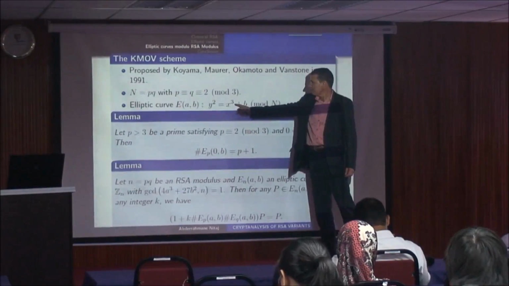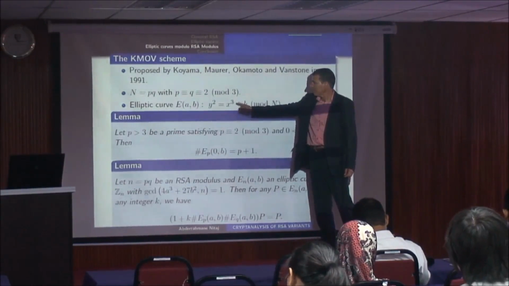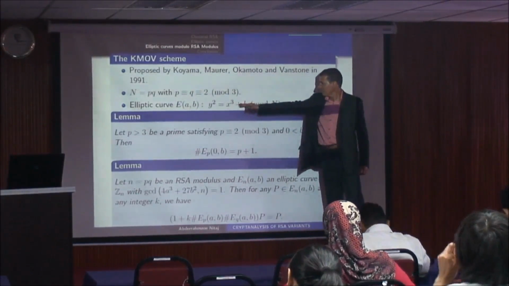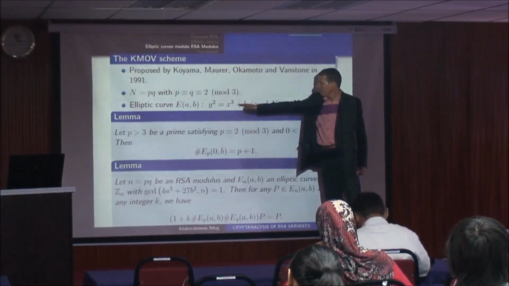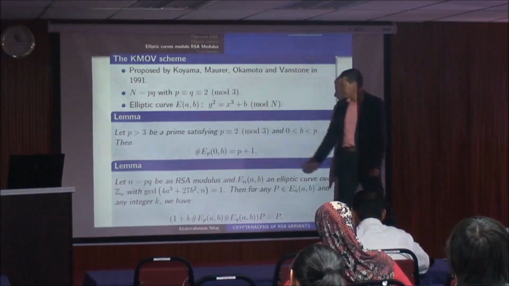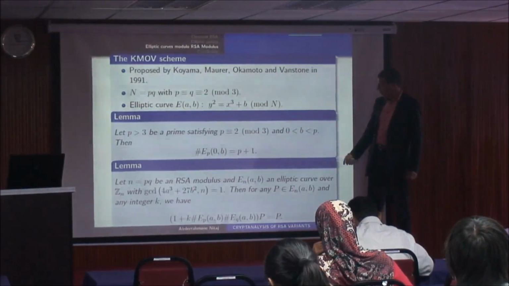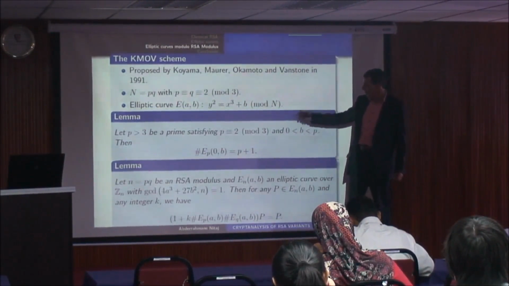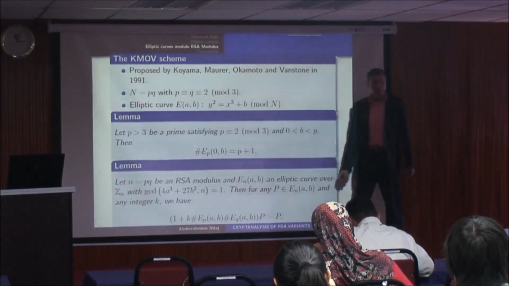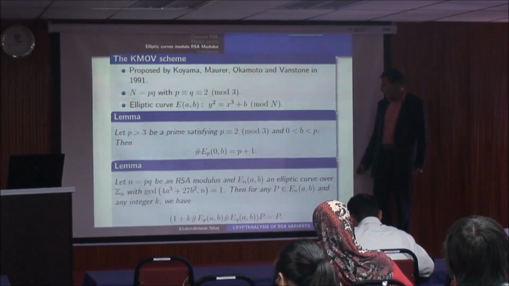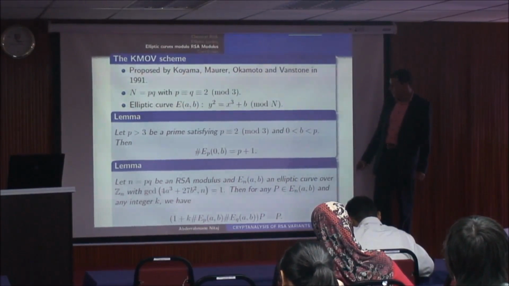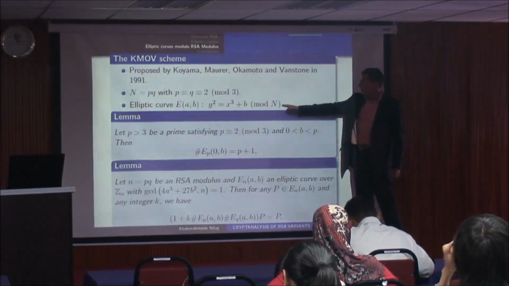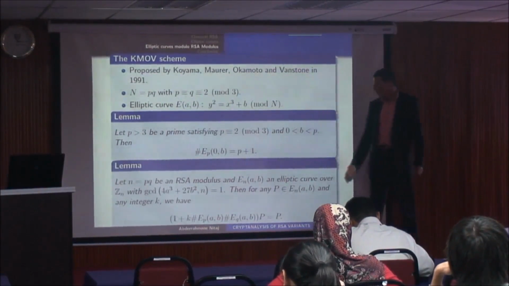Here we need plus A times X. So the correct equation is y^2 equals x^3 plus A times X plus B. So we can find that if we multiply any point in this elliptic curve by P plus 1, we get the infinite point, and we can apply this to any elliptic curve modulo n, where n is the RSA modulus.